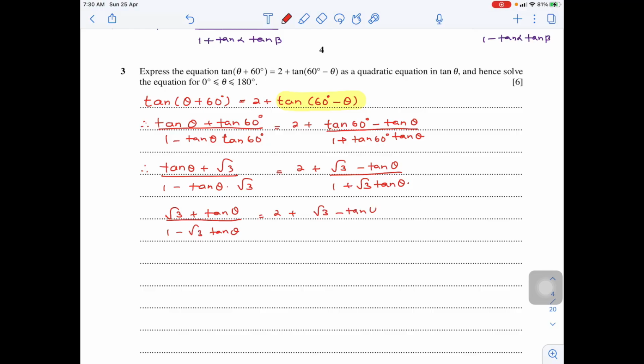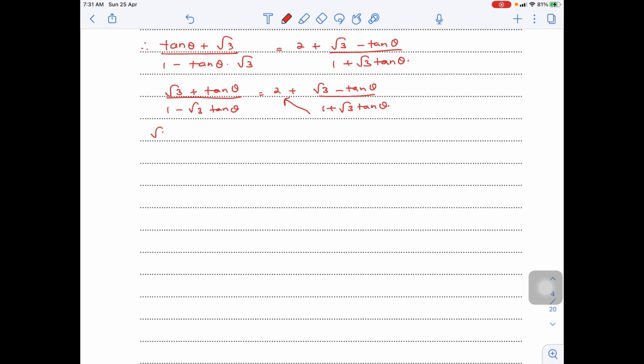Simplifying gives root 3 plus tan theta over 1 minus root 3 tan theta equals 2 plus root 3 minus tan theta over 1 plus root 3 tan theta.